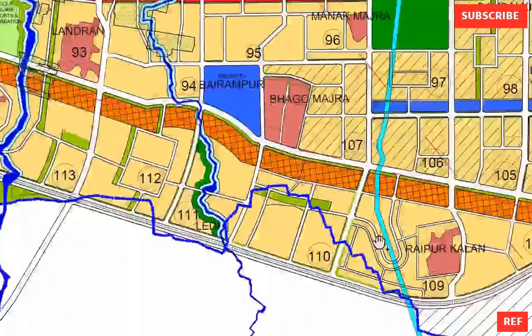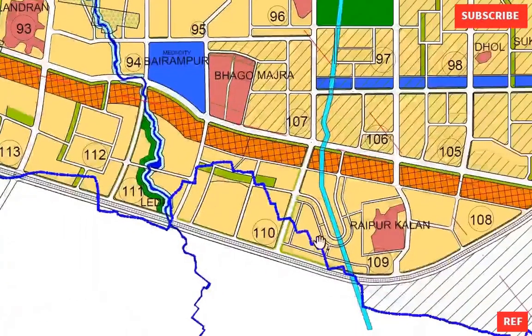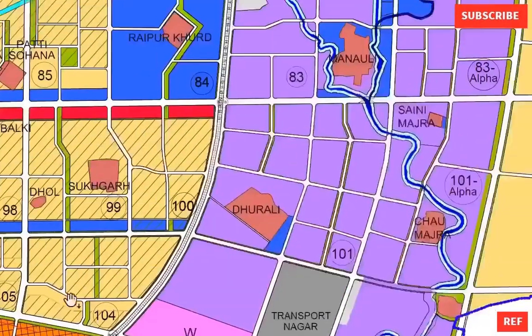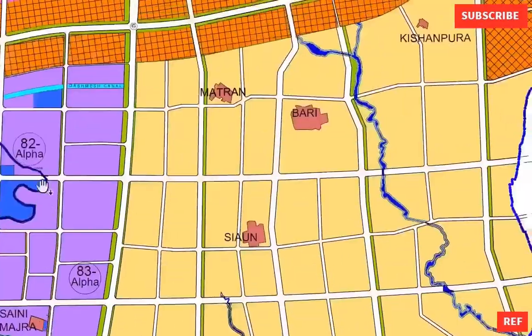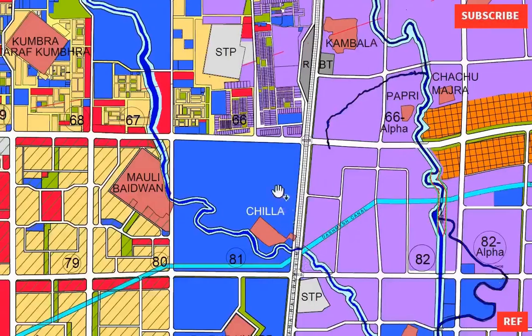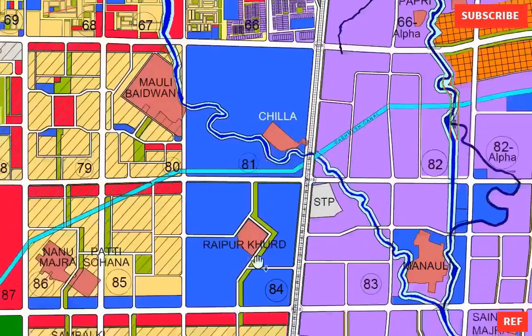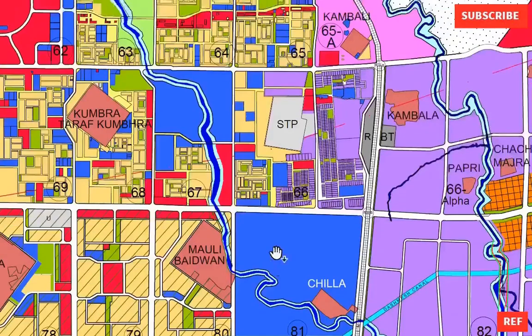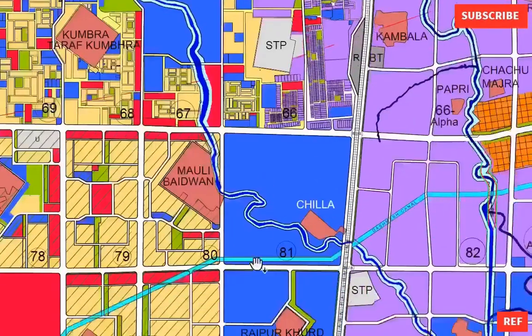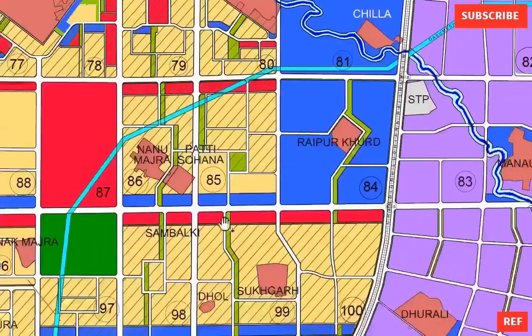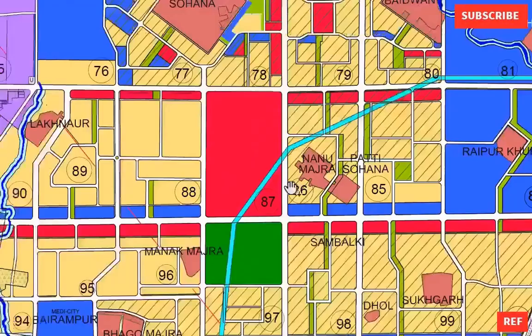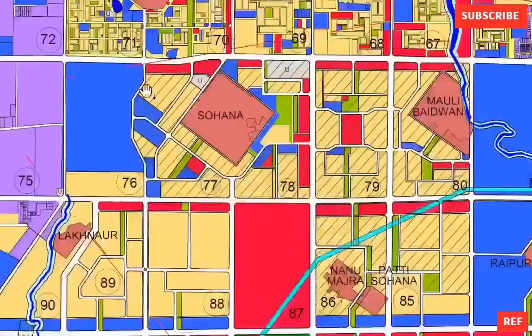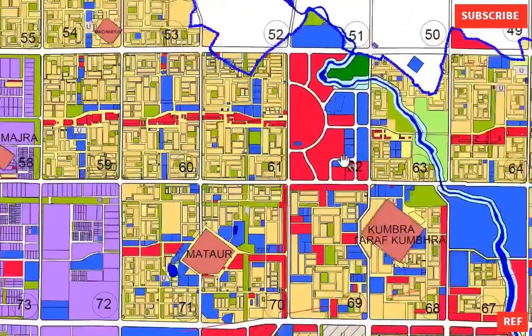Now, if we look into the master plan, we can see a lot of area in this kind of light blue color. Like we are seeing a lot of this blue colored area in sector 67, in 81, in 84, then in this, near 94, this 56 alpha.